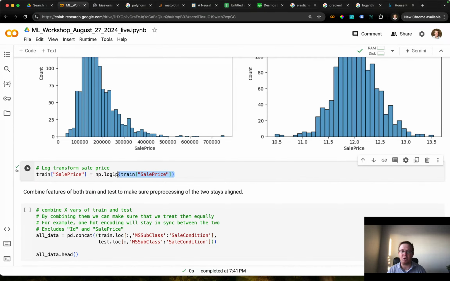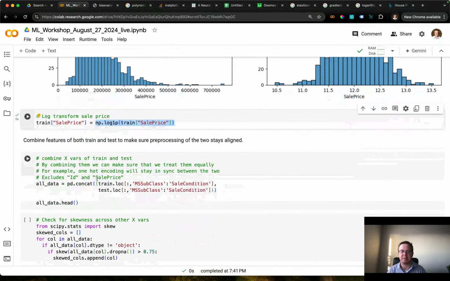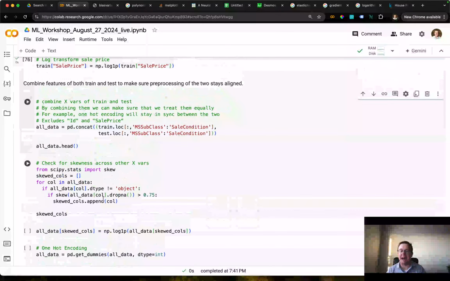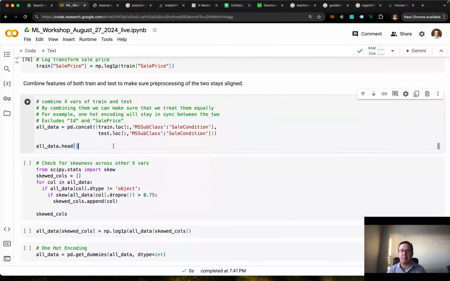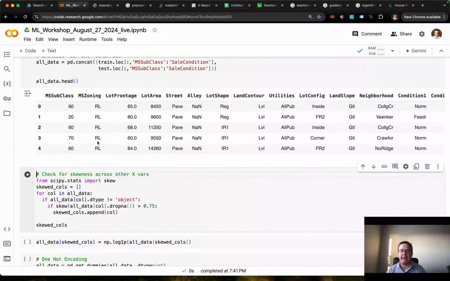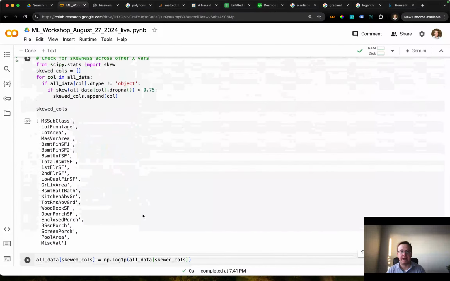We're overriding the old sale price with the log of the sale price. Okay. Now I'm going to put everything into the same data set again like we did before. And now that it's in this same data set, I'm going to check for skewness across all of my variables.